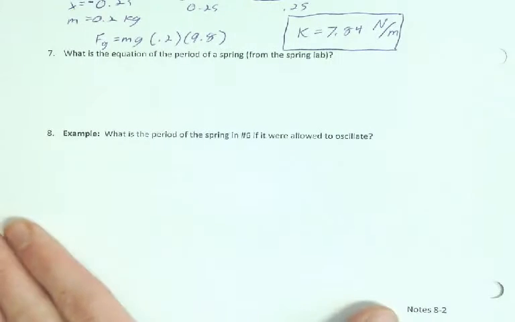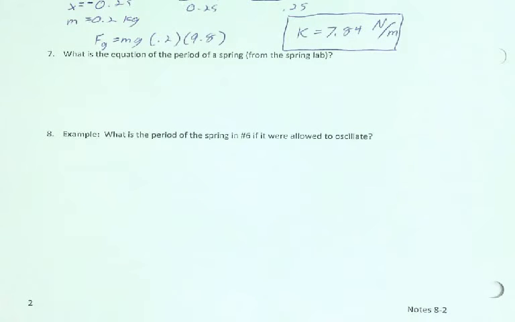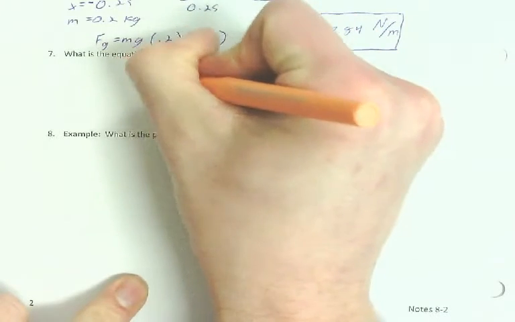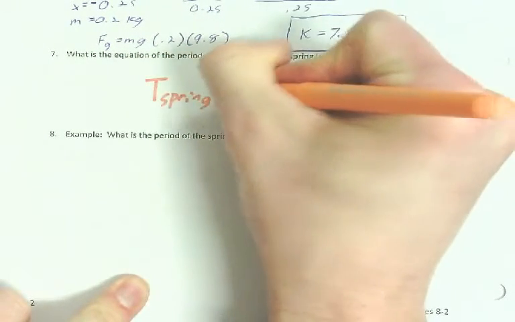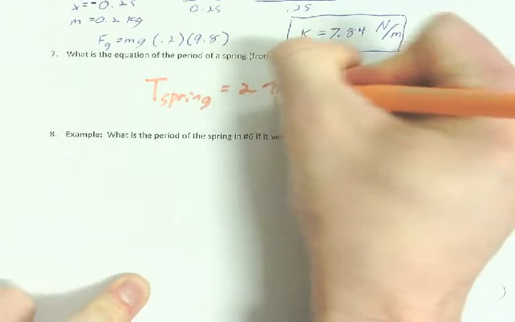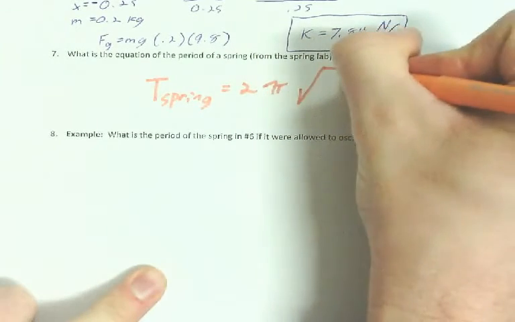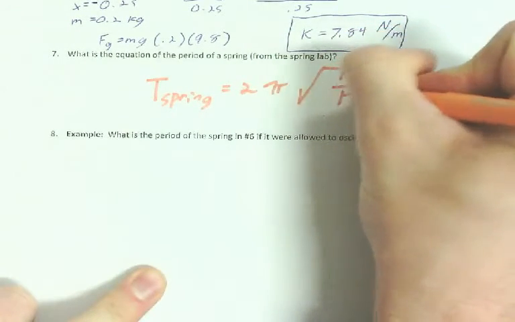So what is the equation of the period of a spring, from the spring lab? The equation for the period of a spring: period is equal to two pi times the square root of m over k.